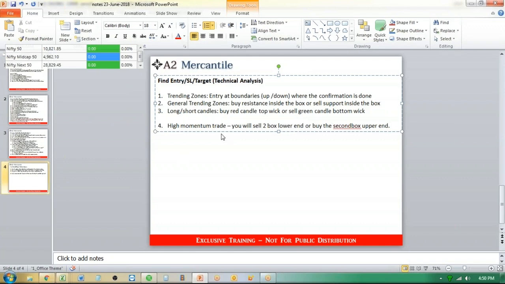The condition is that after the second box is formed, the price should not go below. For example, if it is a buy, then it should not go below the first box lower edge. If it is a sell, then it should not go above the first box upper edge.